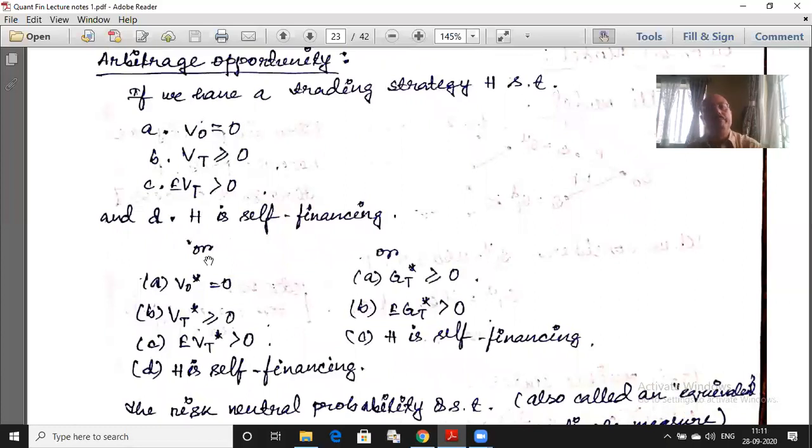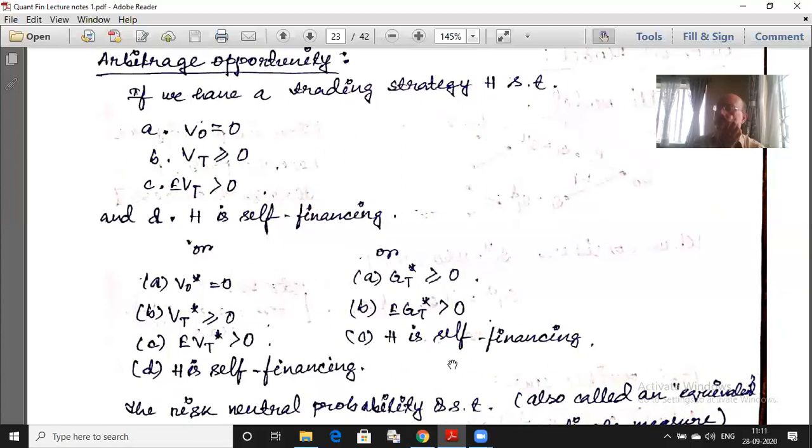I can recast it in different ways. I can write the same definition in terms of discounted values, which will look the same, or I can recast it in terms of the gain function. In that case, I need not write a G0 star because that is 0. So I can only write GT star non-negative with expectation strictly positive and of course the self-financing condition.